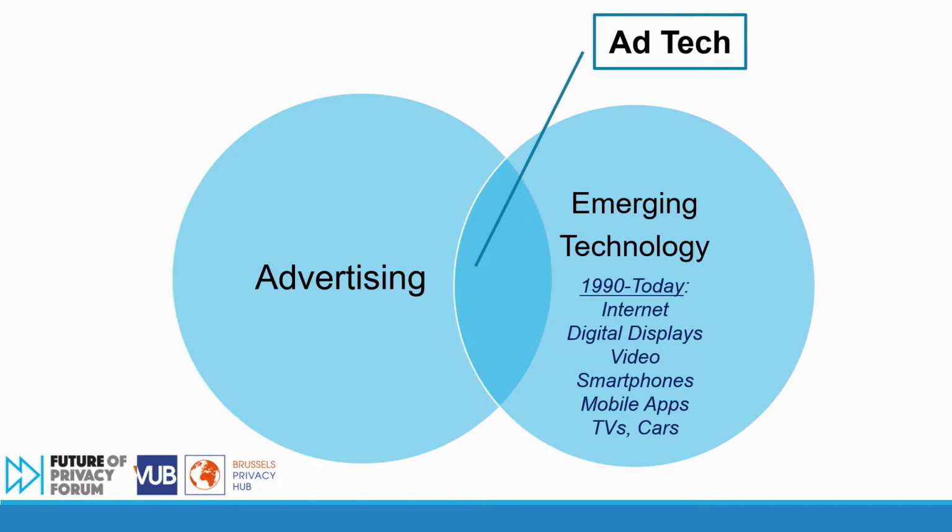So advertising has been around for a very long time. Adtech came about because of a lot of emerging technologies, beginning essentially in the 90s and growing up through today. As I mentioned, ad-funded content, ad-funded publications have been around since the early days of all forms of published media.